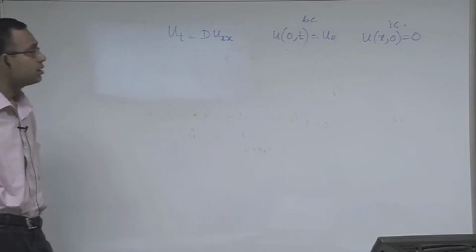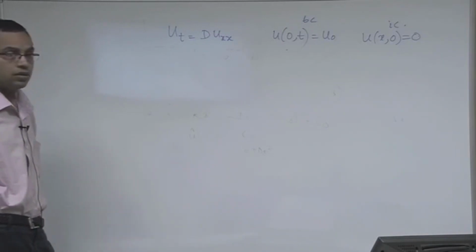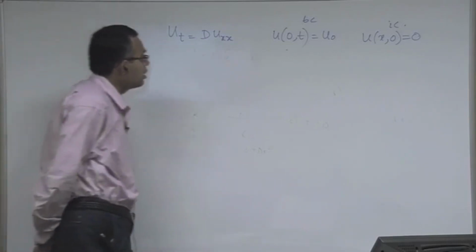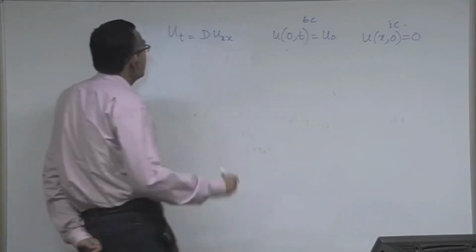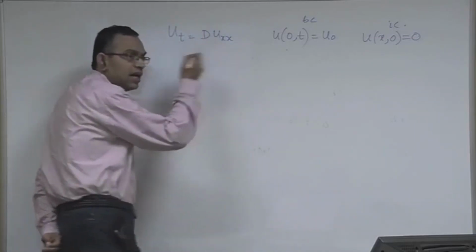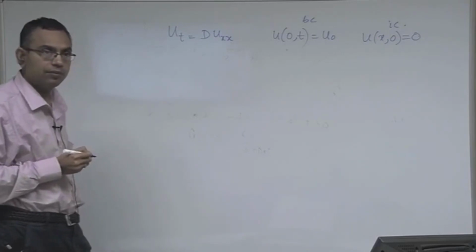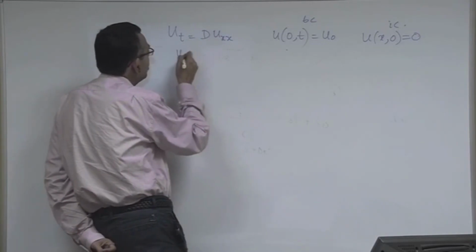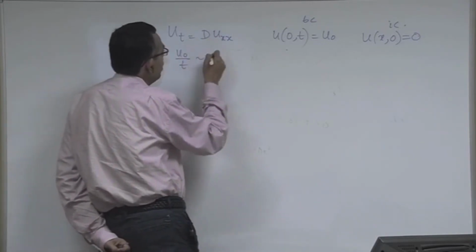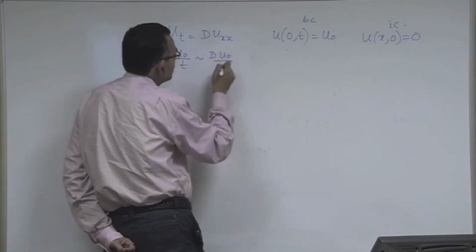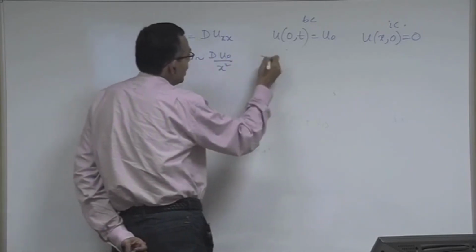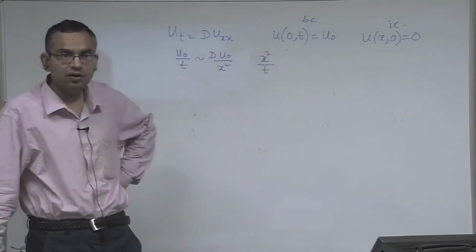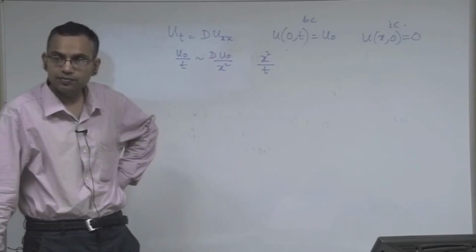Okay. Now we have seen that the time scale and the length scales are related in this particular problem. So if you have these two terms only, u0 by t is of the order of d u0 by x square. That means x square by t is a similarity variable for this problem. This is how the length scales and time scales are related.